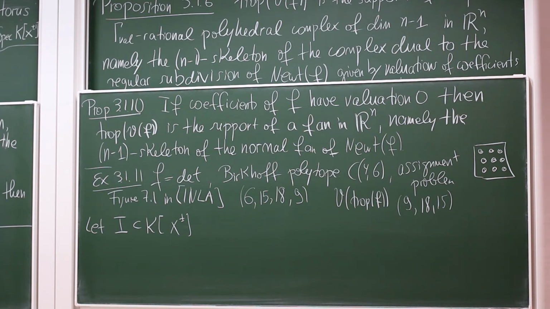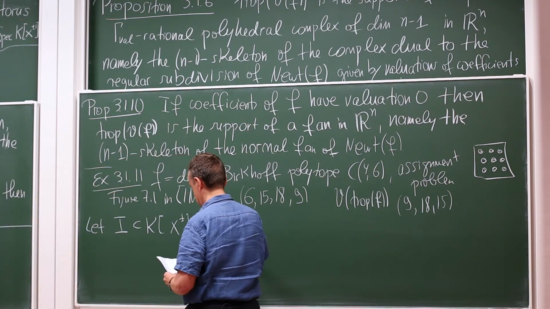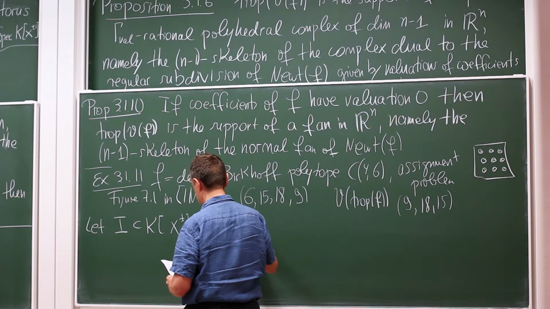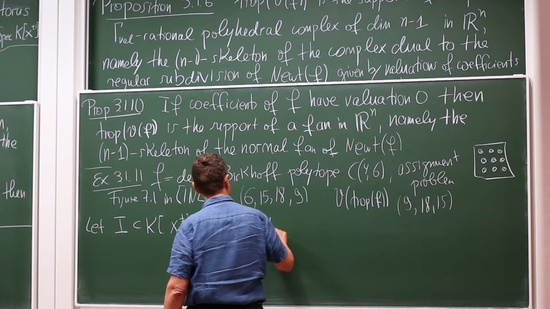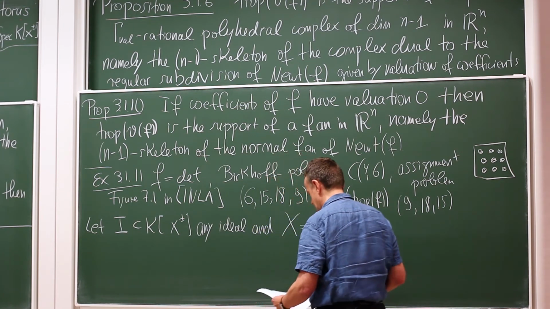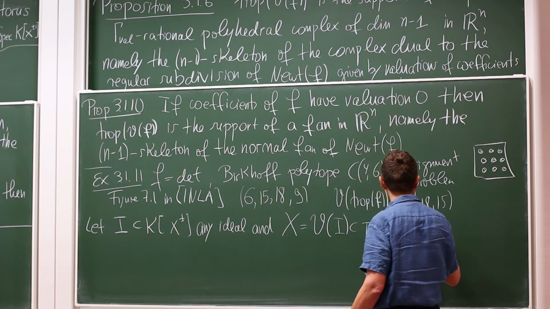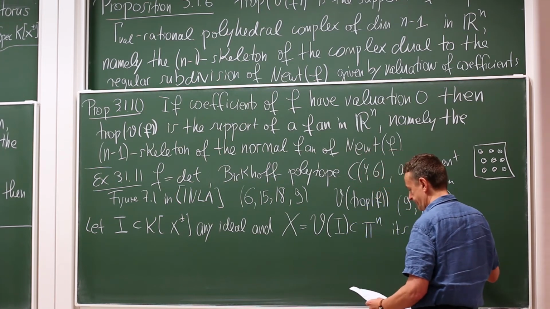We are working with arbitrary varieties. So I is any ideal in a Laurent polynomial ring, and X is the classical variety, the zero set in T^n, its variety.